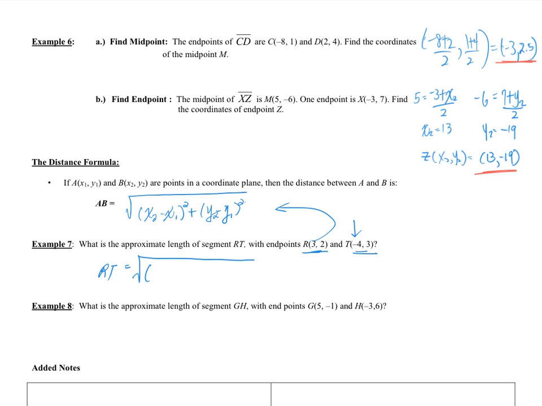So I'm going to take negative 4 and subtract positive 3 and square it. I'm going to add it to the y coordinates, 3 minus 2, and then square it. And then we can go ahead and solve this, and further simplify this to 5 square root of 2.